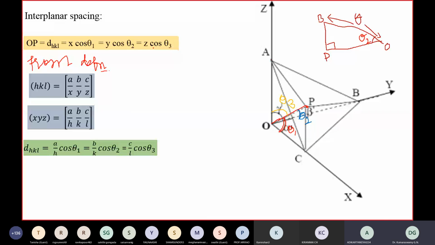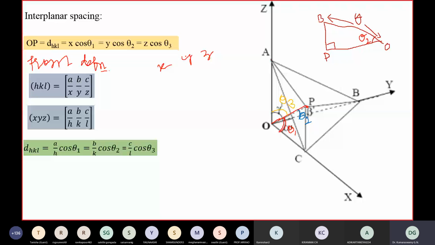First what we expressed, we took intercept X, intercept Y, intercept Z. X equal to something of A, Y is equal to something of B, Z is equal to something of C. X may be 1A, this may be 2B, this may be infinity C, right?